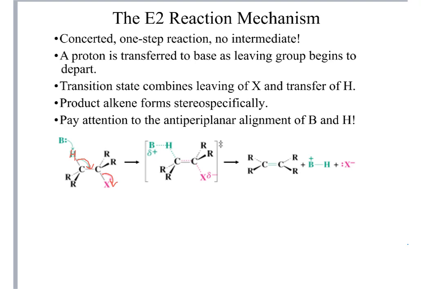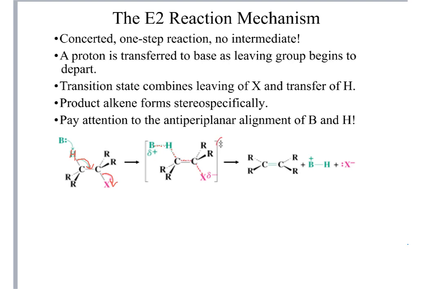Transition state is somewhat crowded, and it involves partial bond between base and hydrogen atom, partially broken bond between alpha hydrogen and alpha carbon, partially formed pi bond, and partially broken bond between the carbon in question and the leaving group.